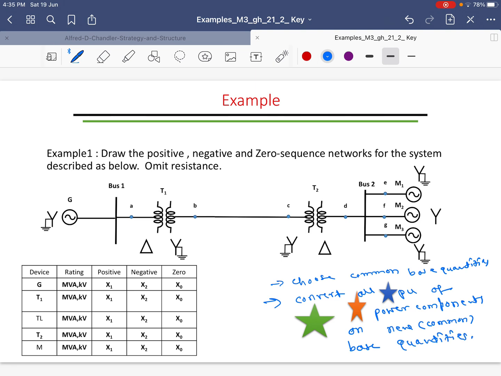The X1, X2, X0 of the generator is given on the basis of its MVA and kV. Now you have to choose the base MVA and base kilovolts on any part of the circuit.